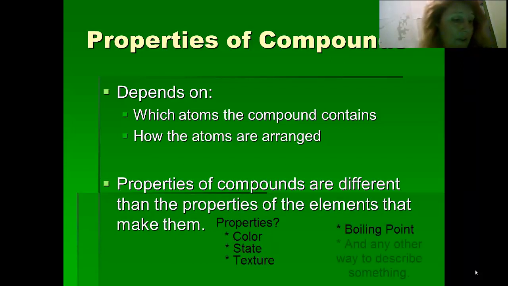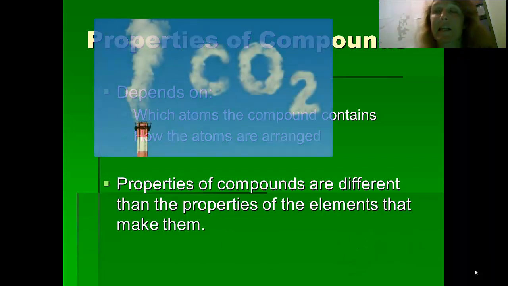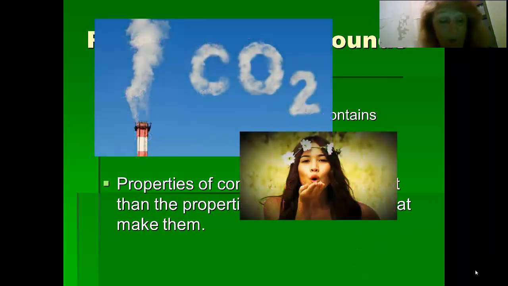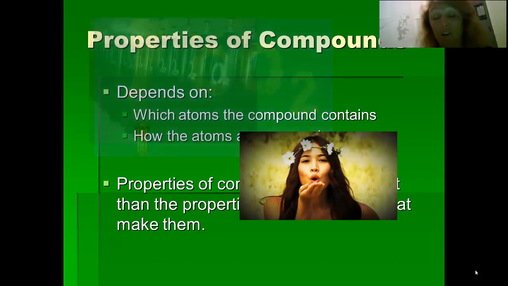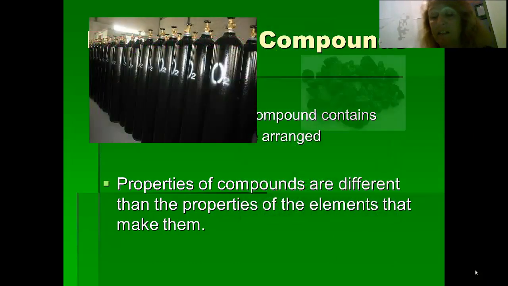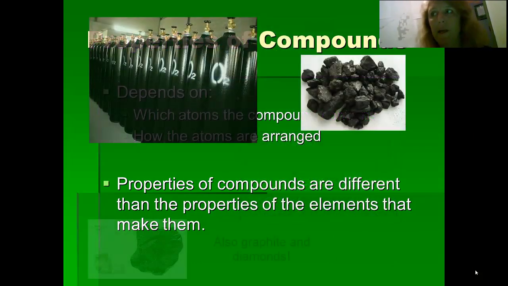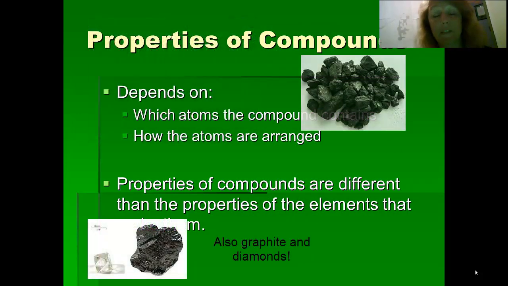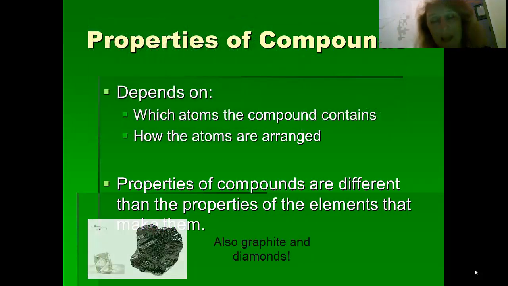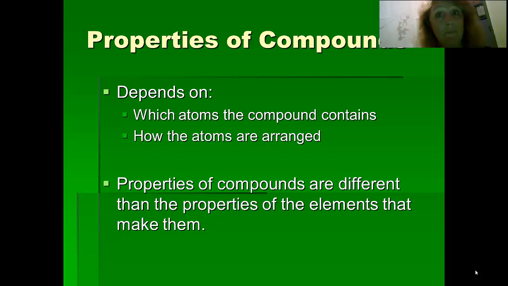Let me give you another example. Carbon dioxide is the gas that you breathe out, that you exhale. And that's made of oxygen, a colorless gas, and carbon, which is like coal. It's a solid. But when you put them together, it makes a gas.